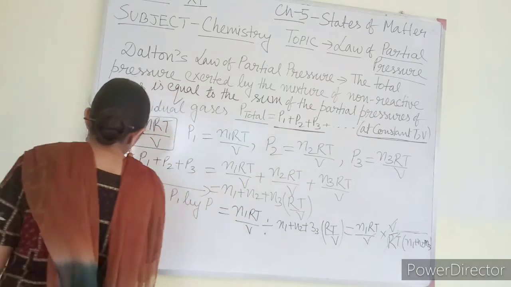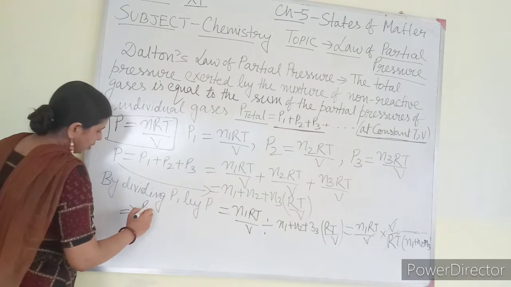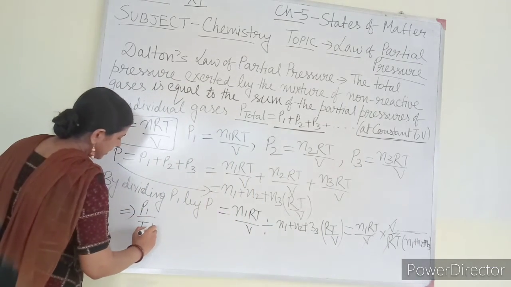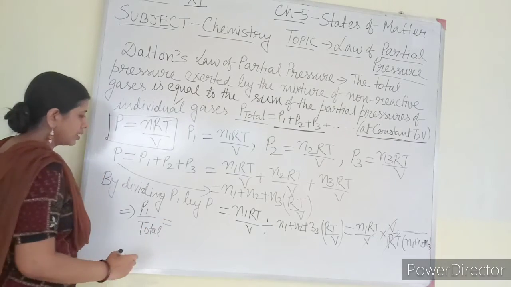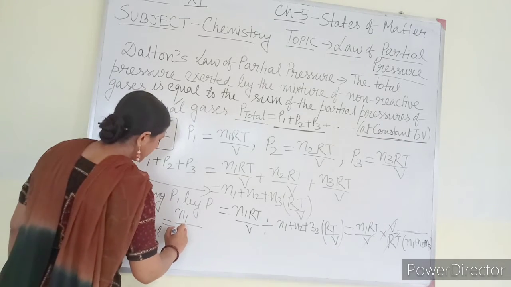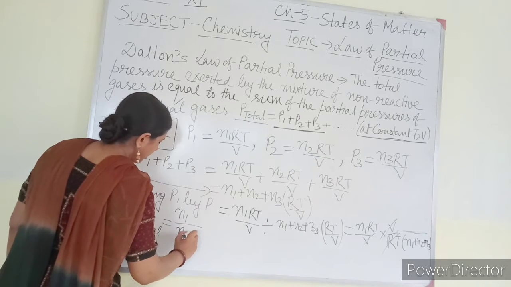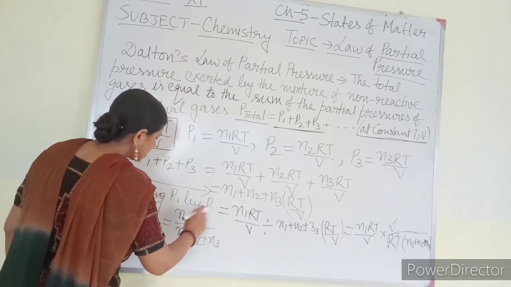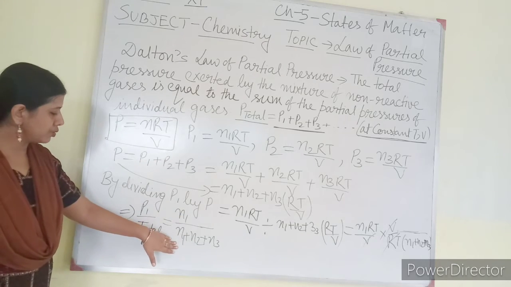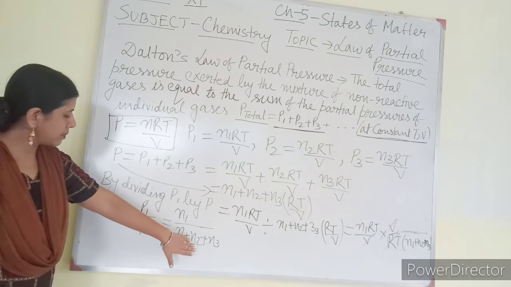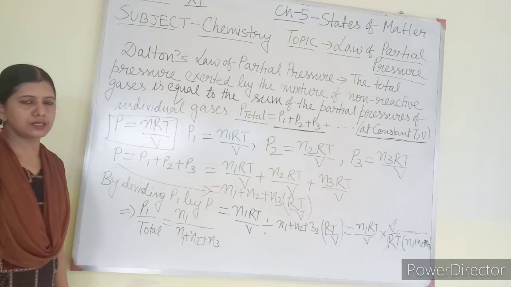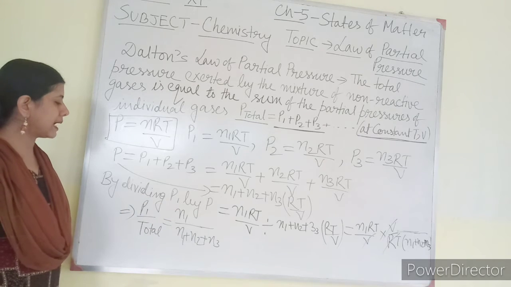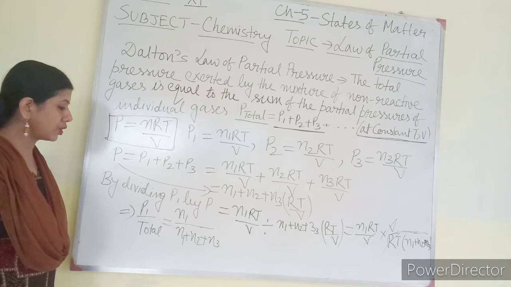So P1 by P total equal to N1 by N1 plus N2 plus N3. What is this? Moles of gas A divided by the total number of moles.